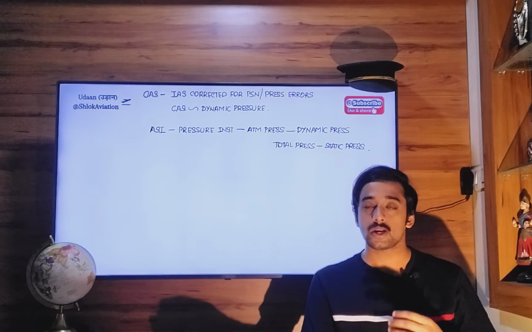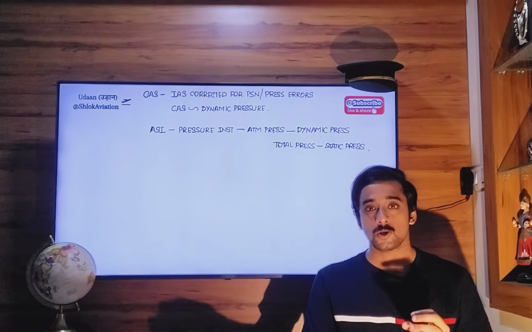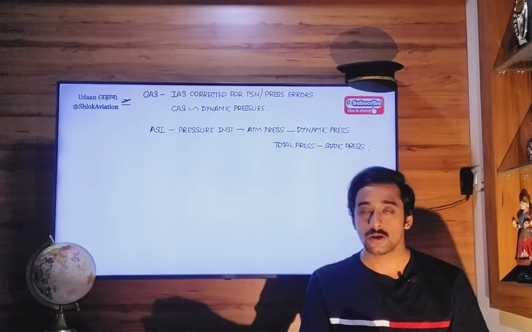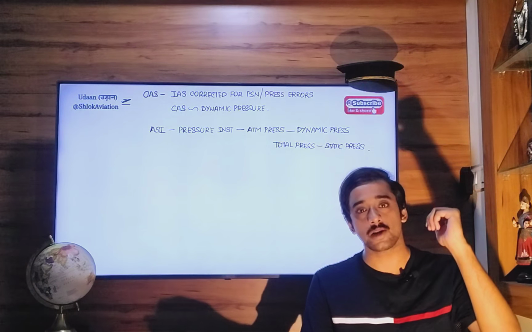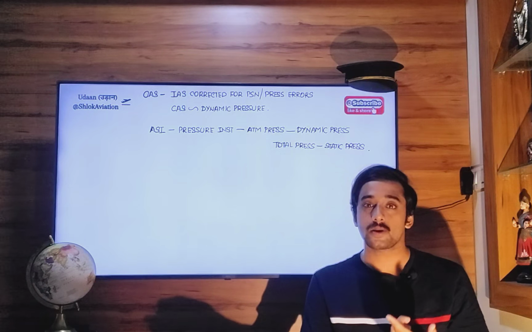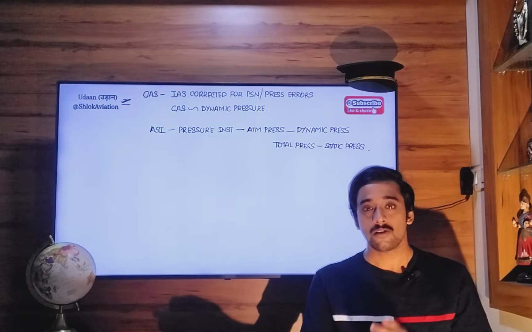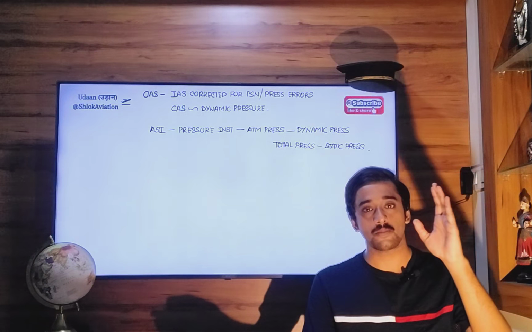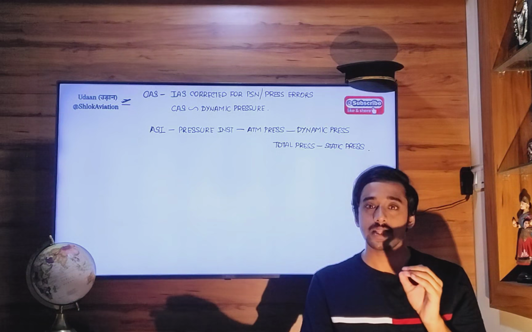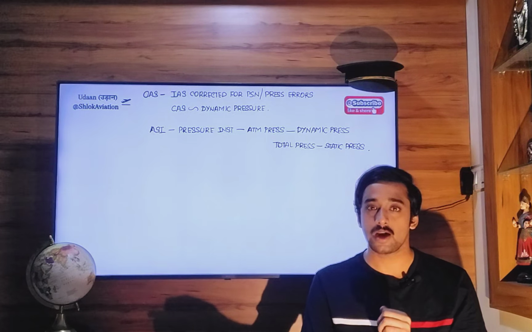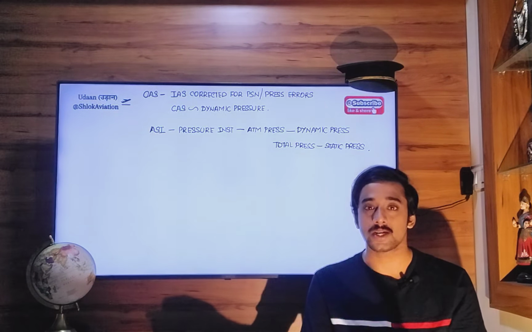Okay. Now, when you fly down to lower altitudes in the atmosphere, what happens to atmospheric pressure? Atmospheric pressure increases in value. When you climb to higher and higher altitudes, atmospheric pressure value decreases. That means less and less atmospheric pressure will be available for your airspeed indicator to use.